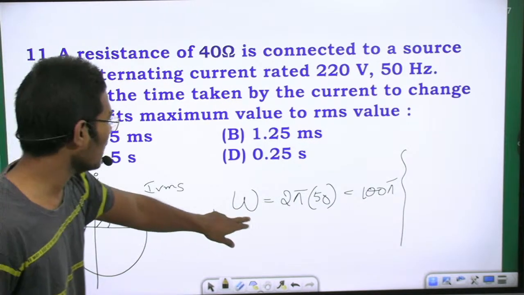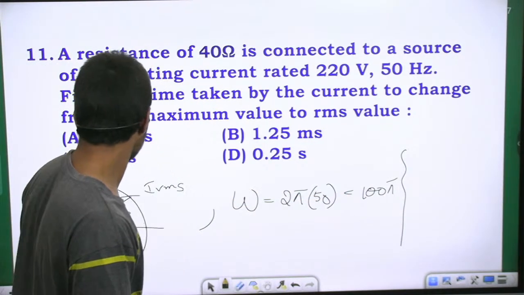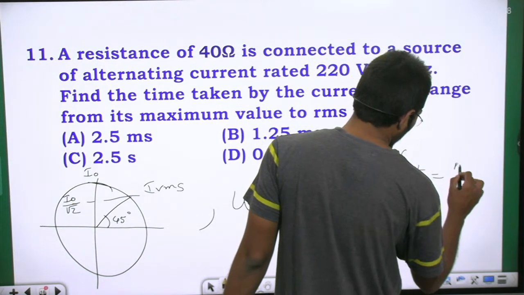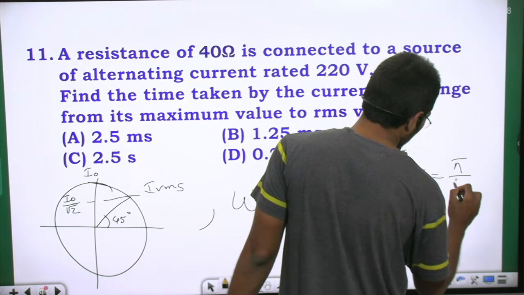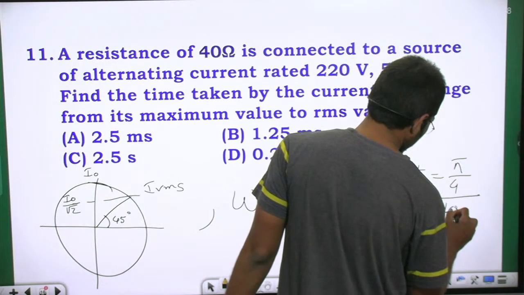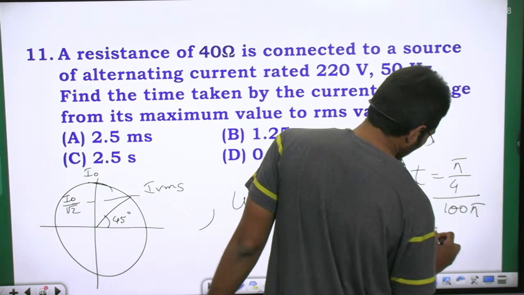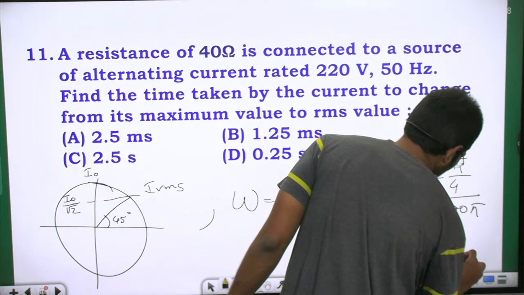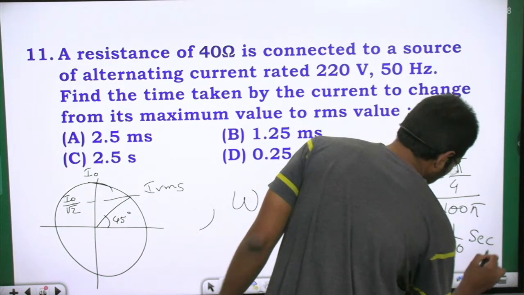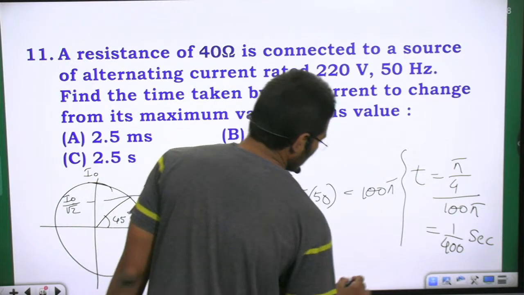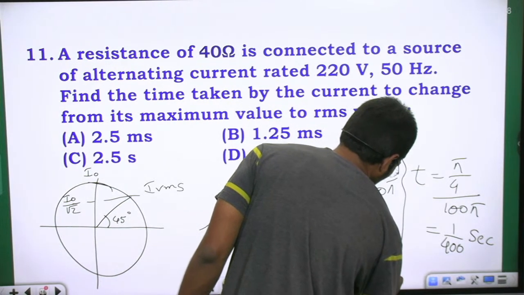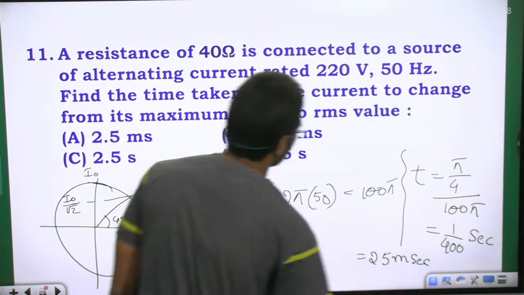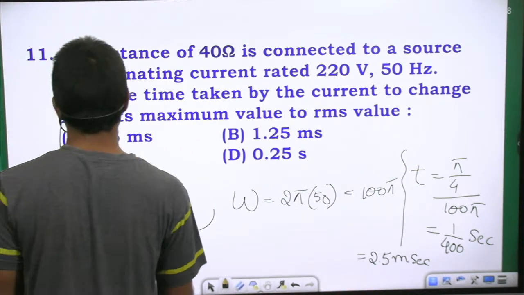The omega we got as 100 pi. So the time taken will be pi by 4 by 100 pi. We get it as 1 by 400 seconds. That is 2.5 millisecond. I guess option A.